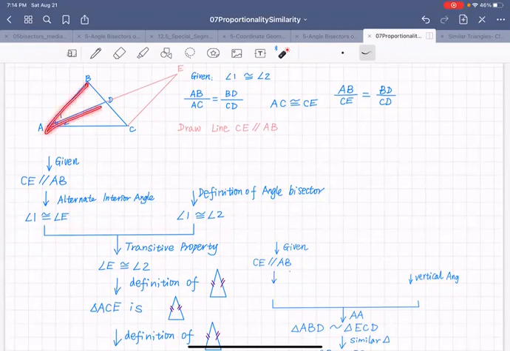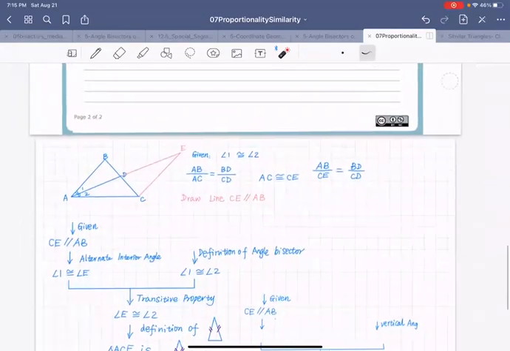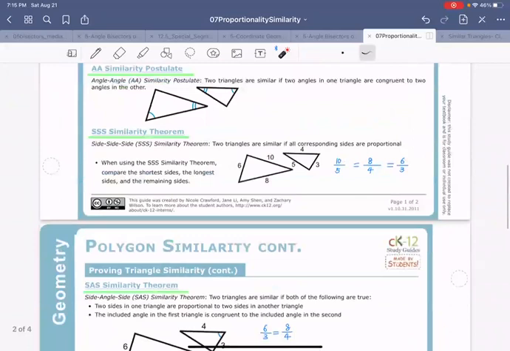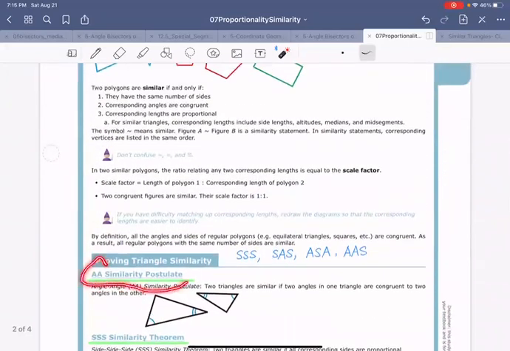In this triangle and in this triangle, these two angles equal. These two angles equal. So you can prove these two triangles are similar because, look, the theorem we learned today, correct?